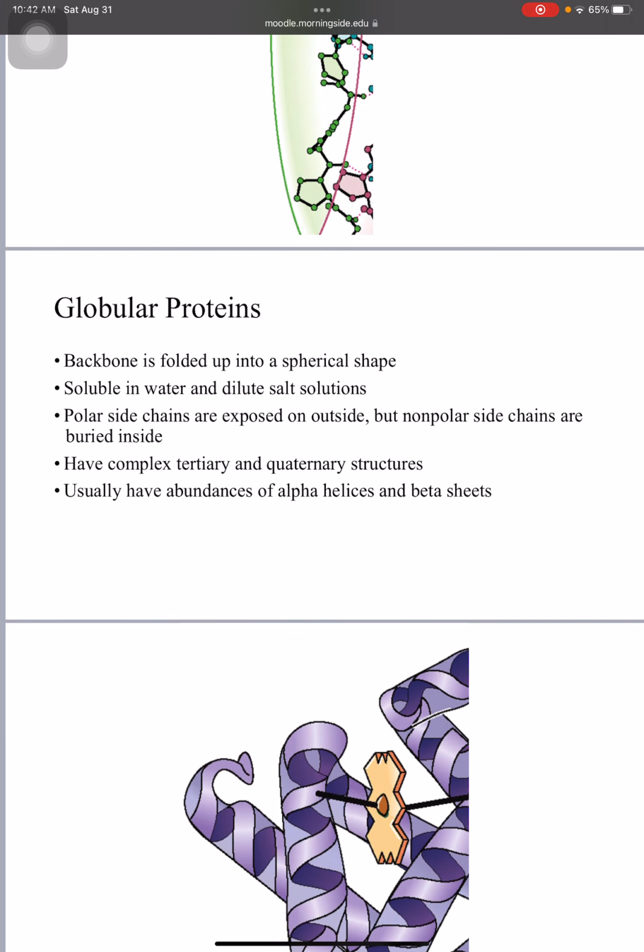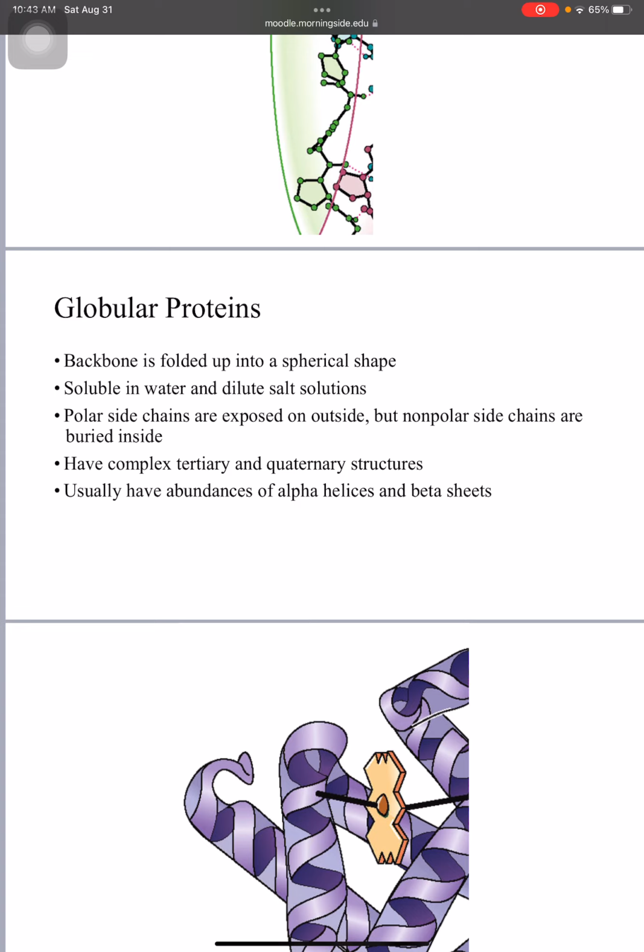All right, so then you have globular proteins. Like I said, these are not aligned around a particular axis. These are more or less spherically shaped, again kind of resembling a wadded up sheet of paper. These are soluble in water and dilute salt solutions.